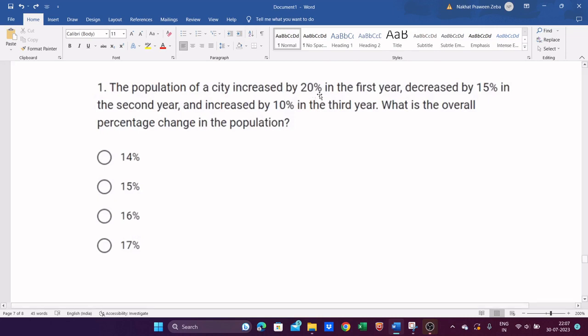So 120 in the first year, then decreased by 15% in the second year. Now 100 times, multiplication, and then decreased by 15%.